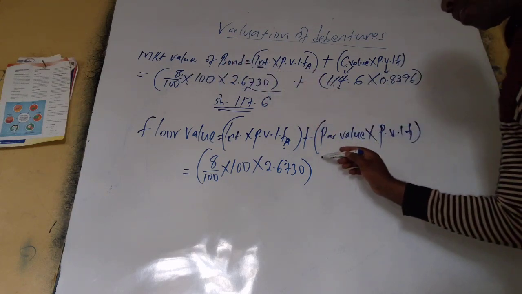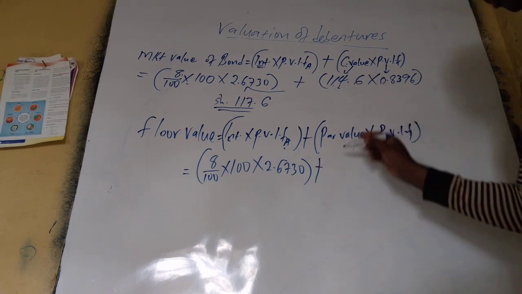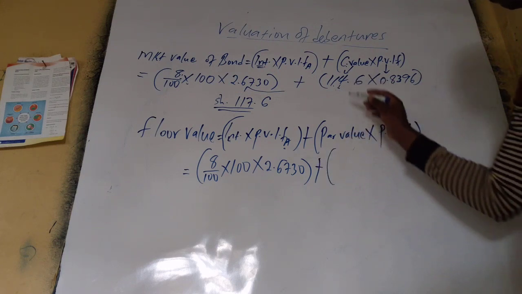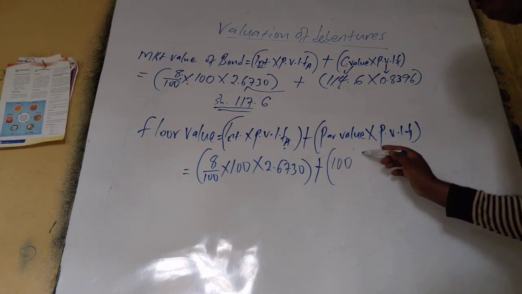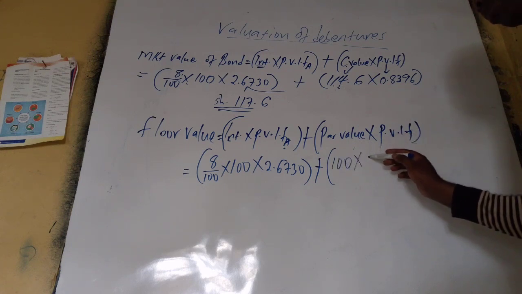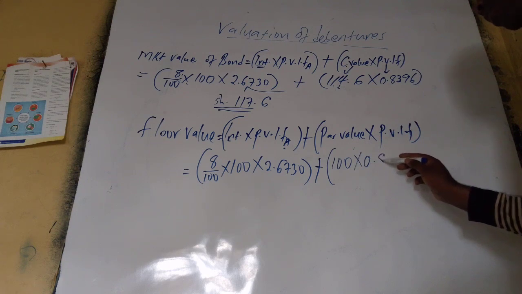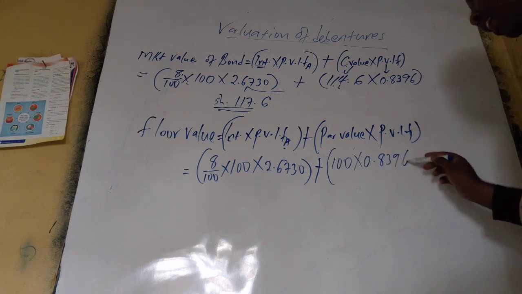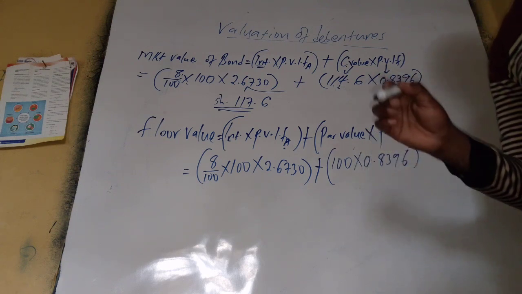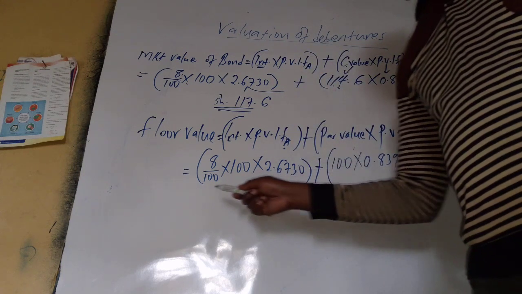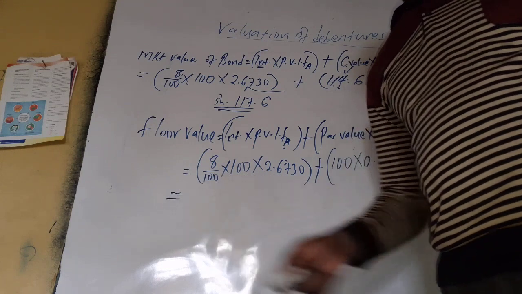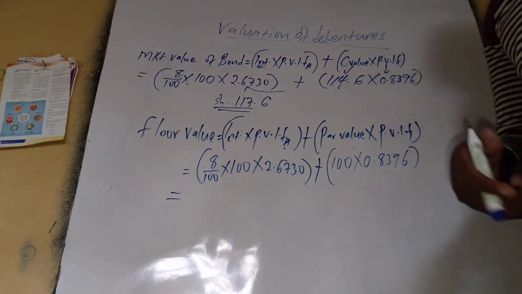The second part is the one that changed, because now instead of 114, I'm going to use 100, that is the par value. Then I discount using the discounting factor 0.8396. The discounting factor remains the same. So that will be my floor value of the bond.